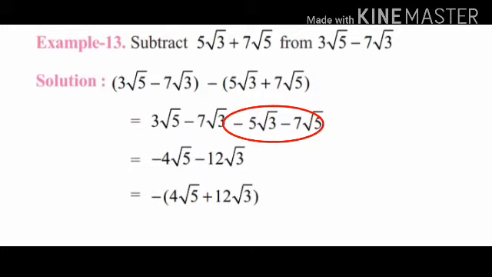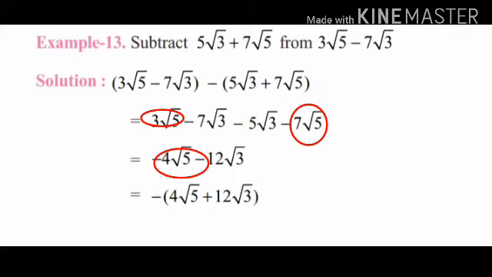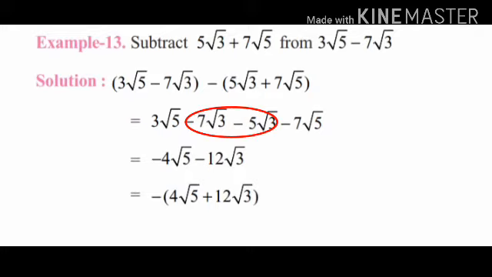Here add the like terms: 3 root 5 and minus 7 root 5 is equal to minus 4 root 5, and minus 7 root 3 minus 5 root 3 is minus 12 root 3. Here separate the minus, that is minus of (4 root 5 plus 12 root 3).